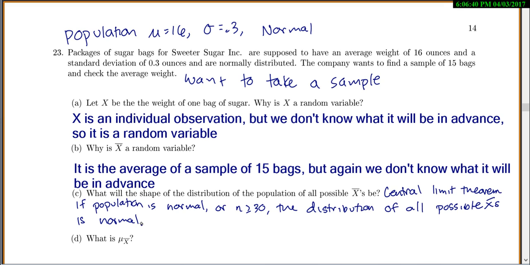Okay, so in our case, do we have one of those two things? We have a small sample size, but they did say that my original population is normal, so in our case, it will be normal because our population was normal.